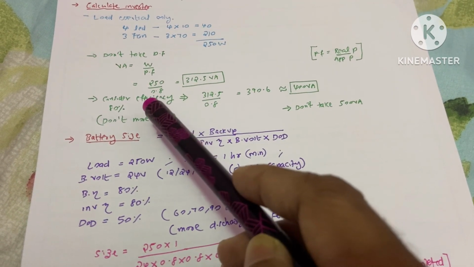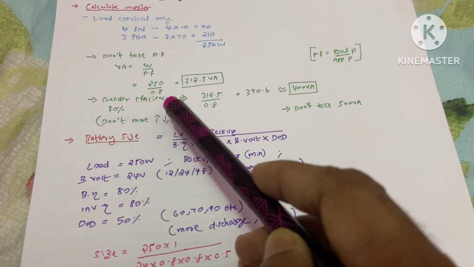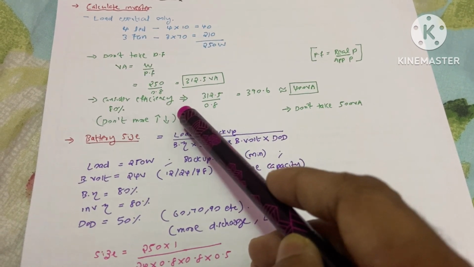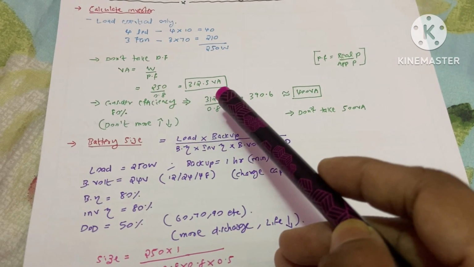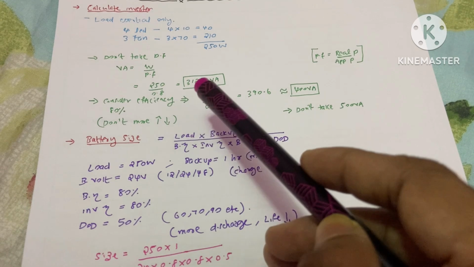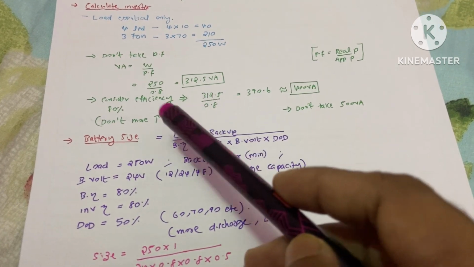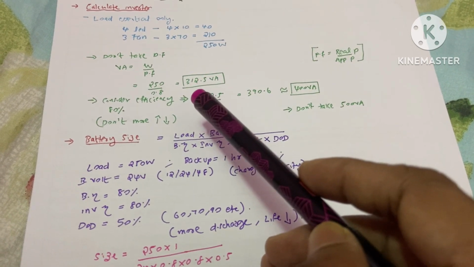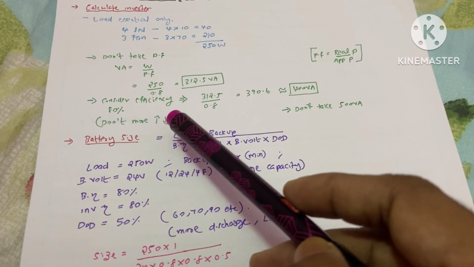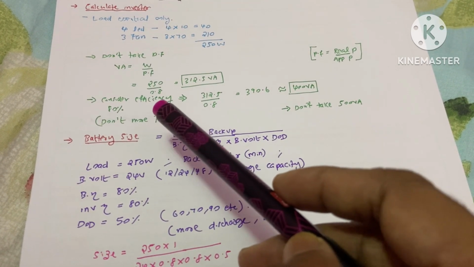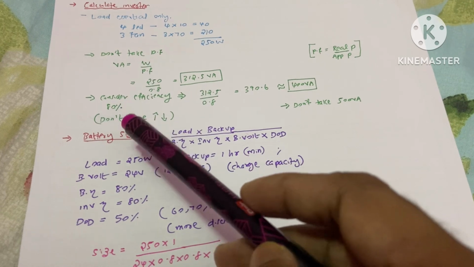Now the next consideration is the efficiency of the inverter. It means your inverter would have some losses. Okay, that is the real life scenario. Every machine has some losses, so I consider here a loss of 20%. That means your inverter has an efficiency of only 80%.